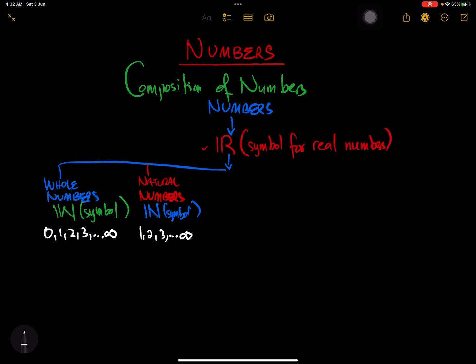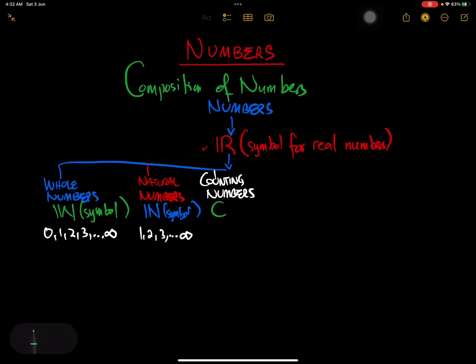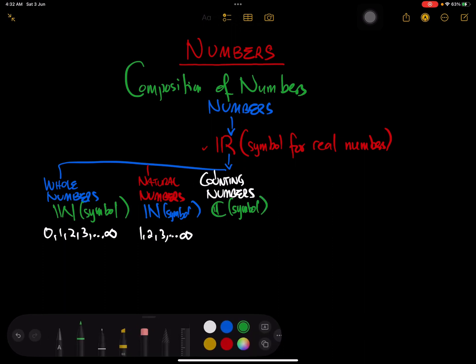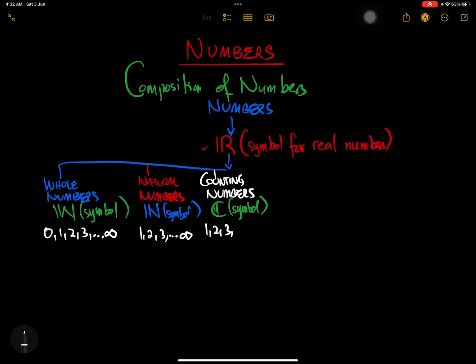The symbol is like that, and they also begin from 1, just like natural numbers: 1, 2, 3, to infinity.